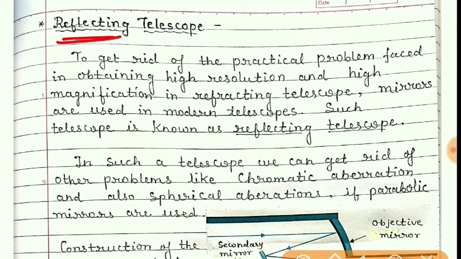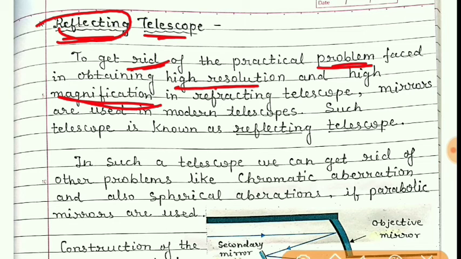It is because if reflecting telescopes are used, we get rid of the problems faced in high resolution and high magnification. Also, chromatic aberrations will not be observed when we use mirrors.